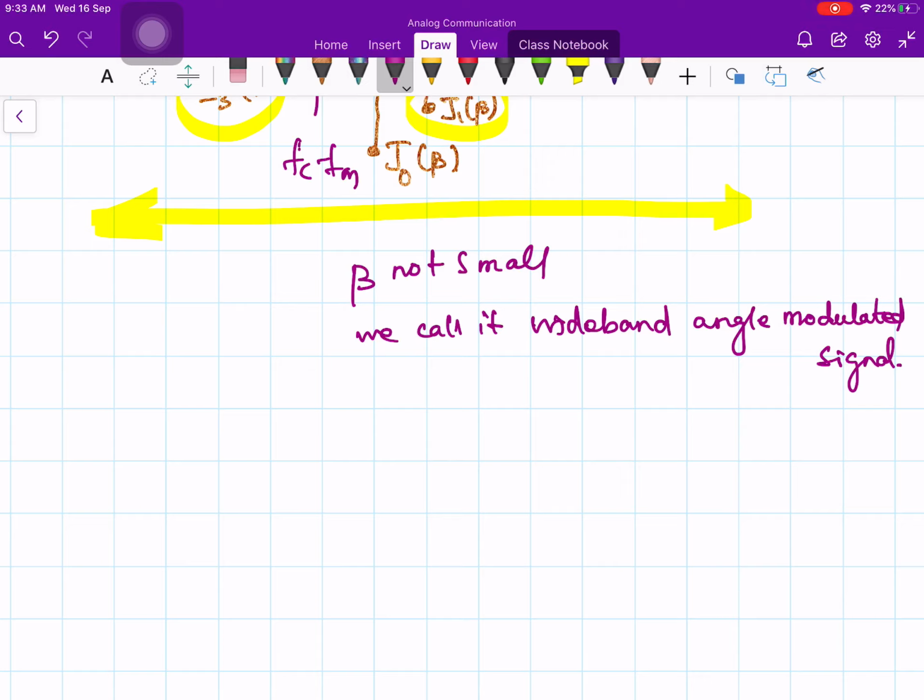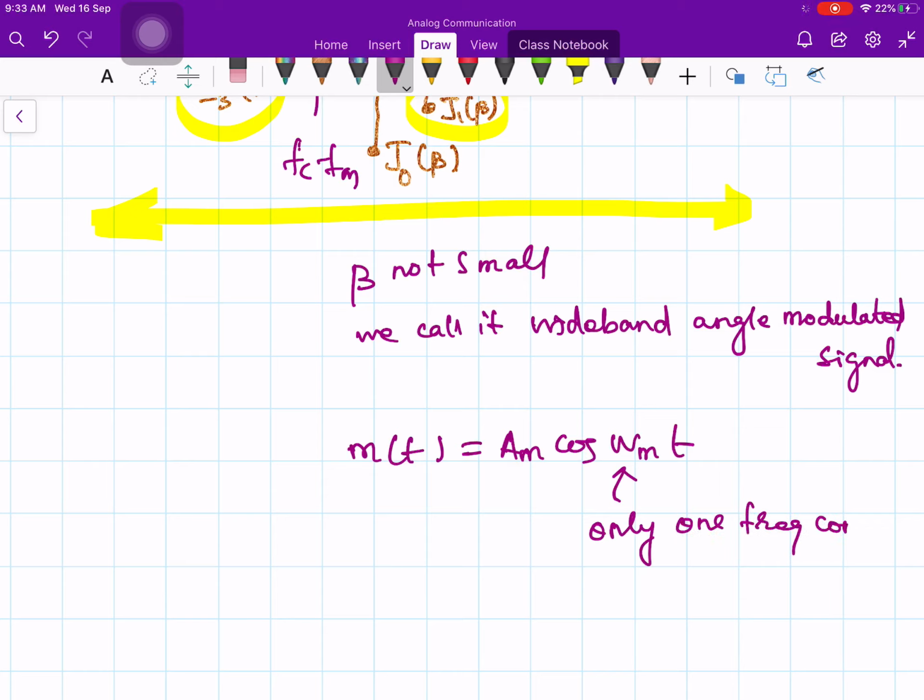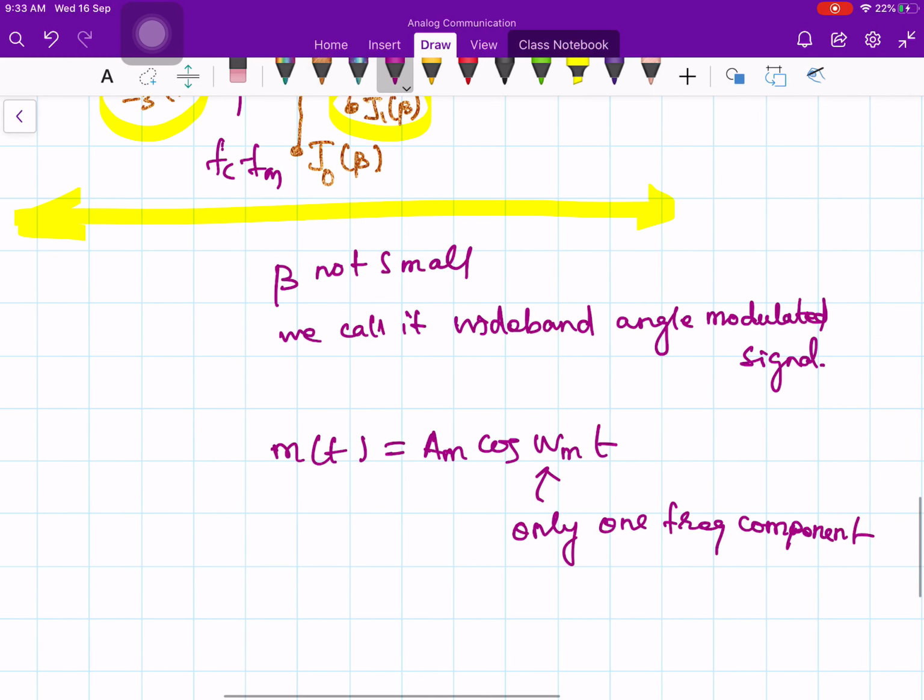Although your modulating signal contains a single frequency component, what is your modulating signal? m of t is equal to Am times cos of omega m t. How many frequency components are there? Only one frequency component, fm, that's all, no more frequencies.